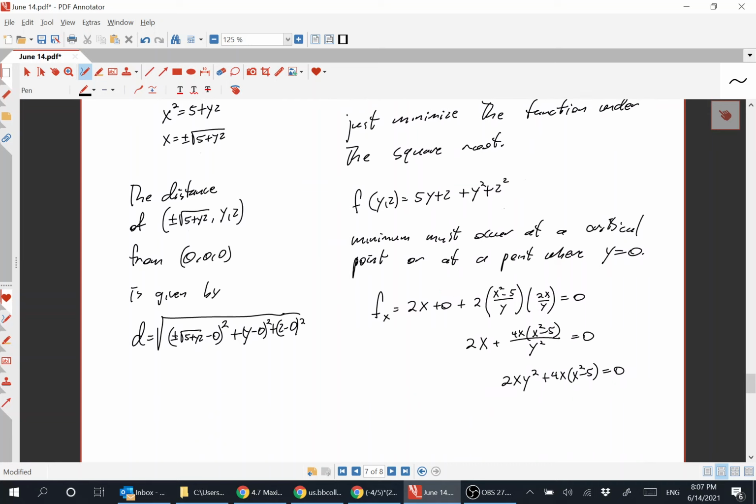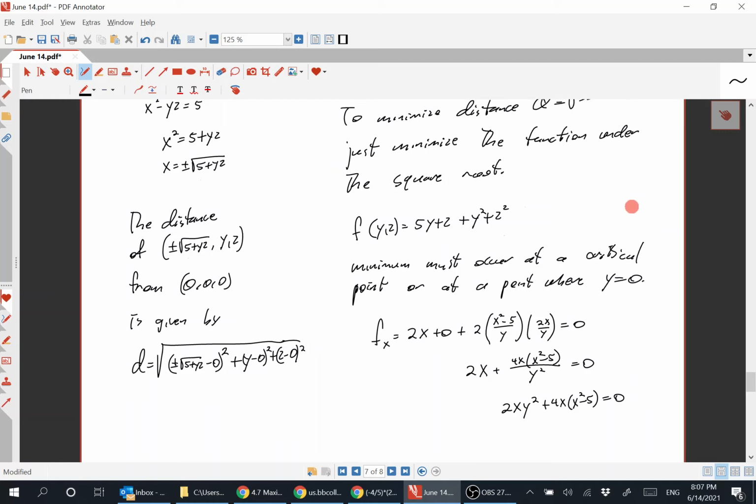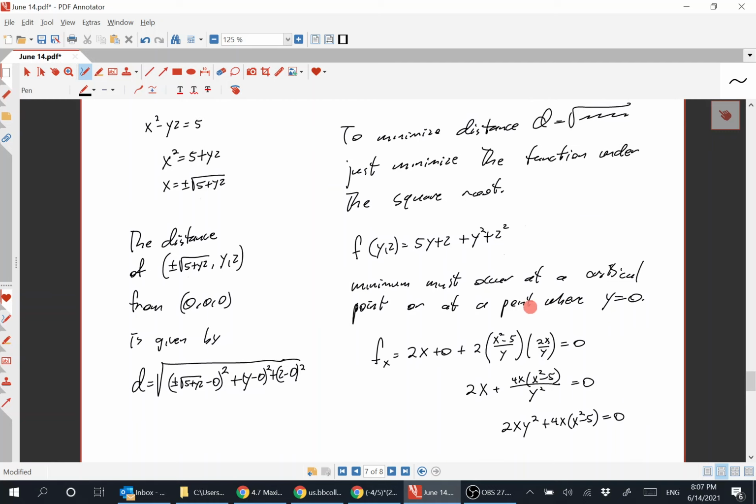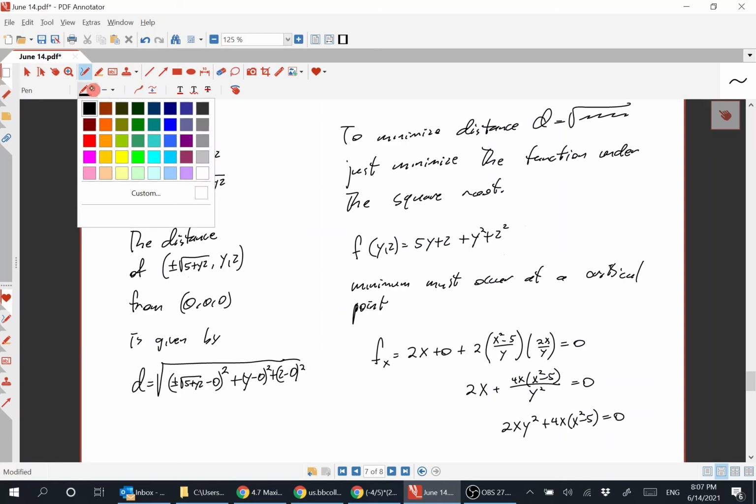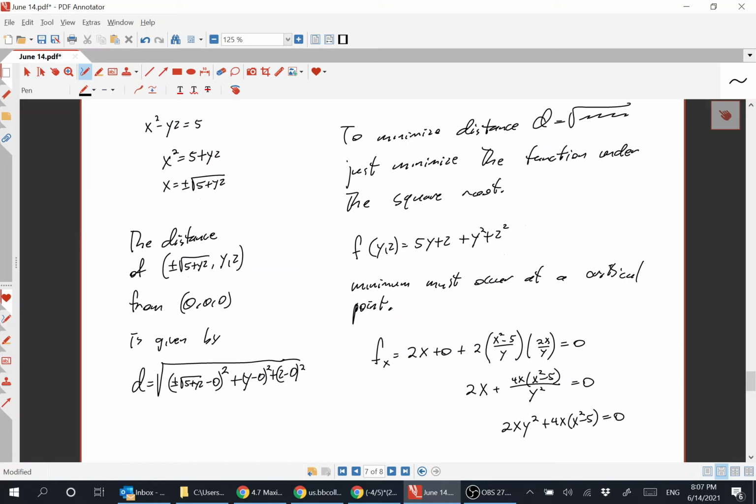So the minimum must occur at a critical point.